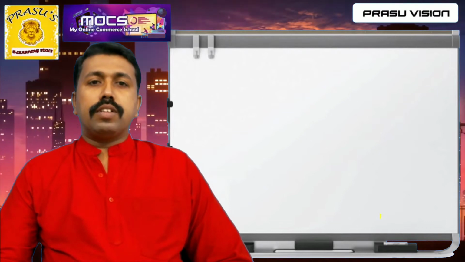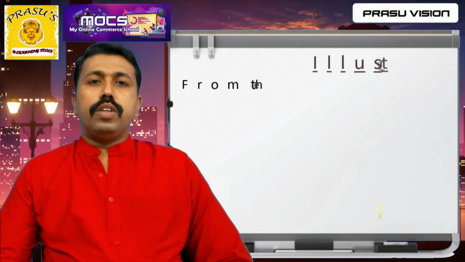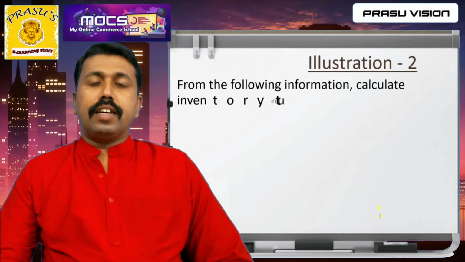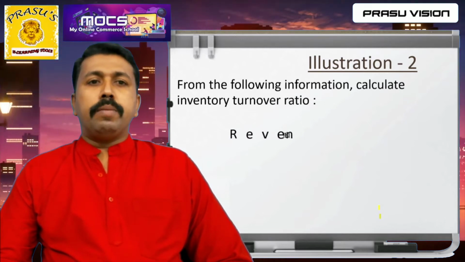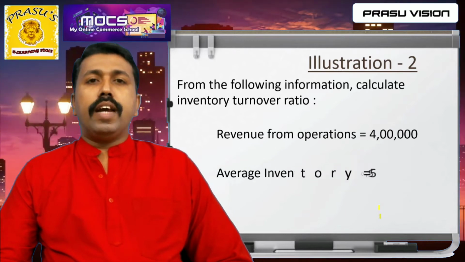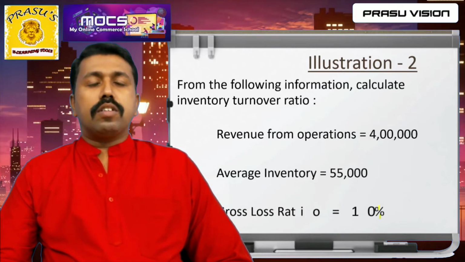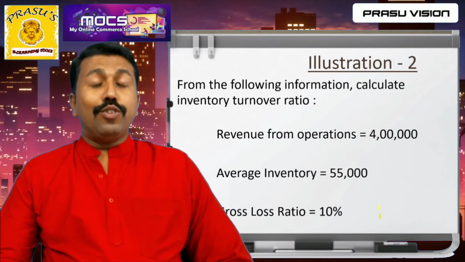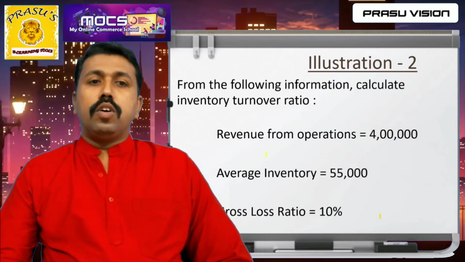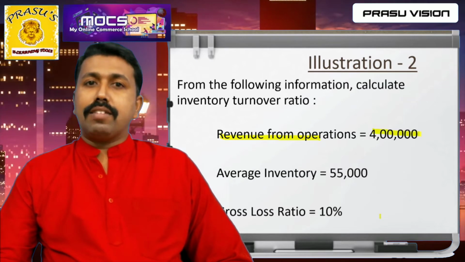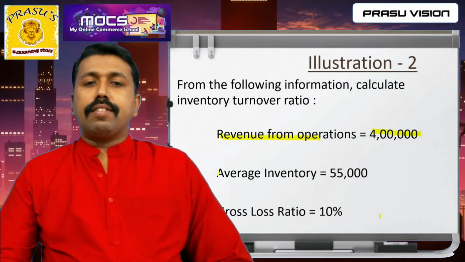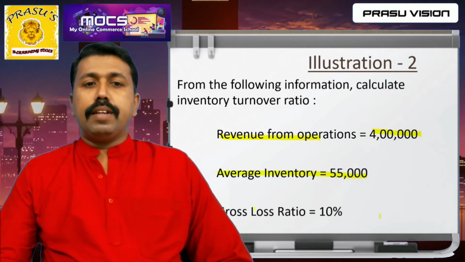Moving to the next question. Here we are learning the calculation of inventory turnover ratio in another way. From the given information we have to find out the value of inventory turnover ratio. Revenue from operation is 4 lakh. Average inventory is directly given as 55,000.